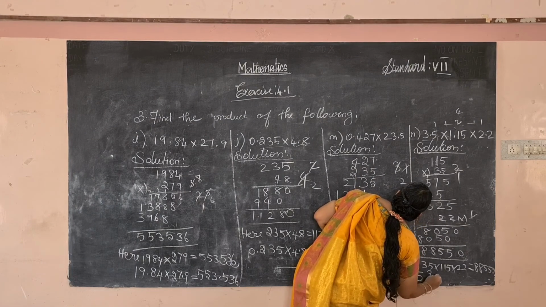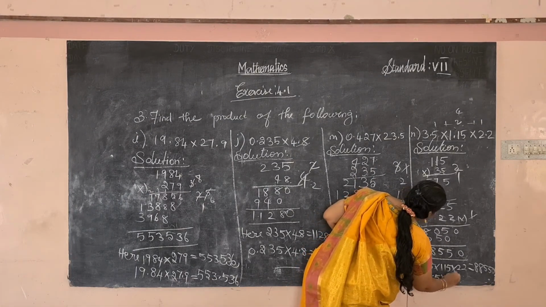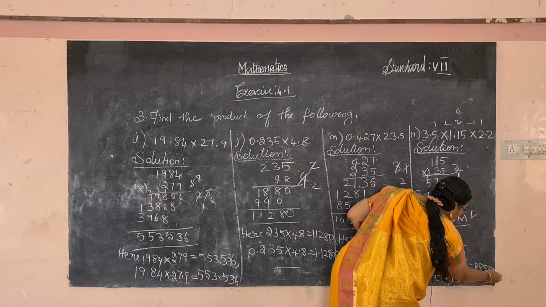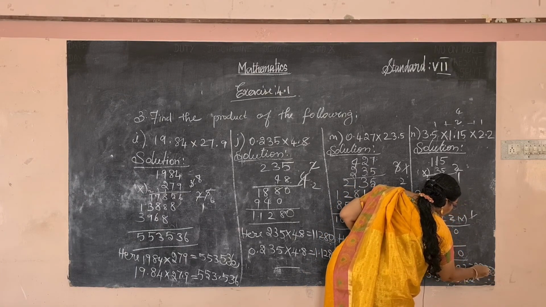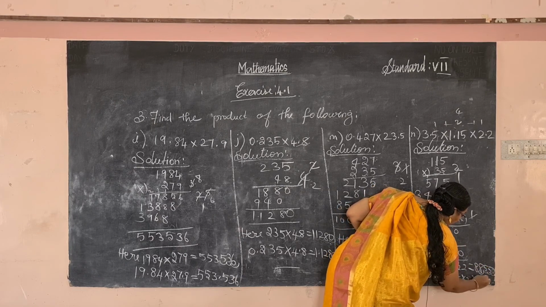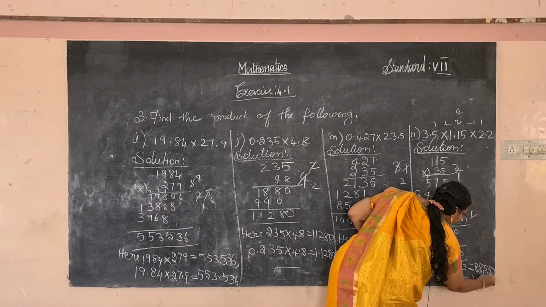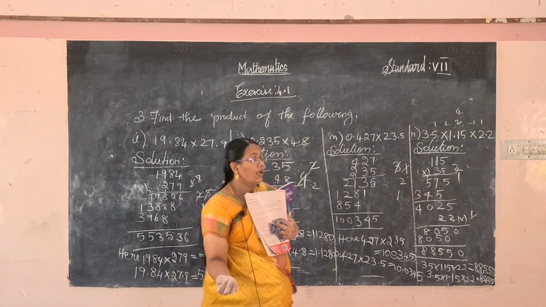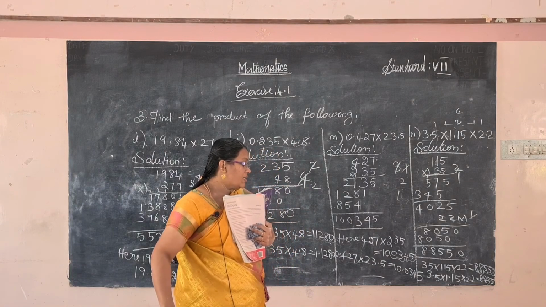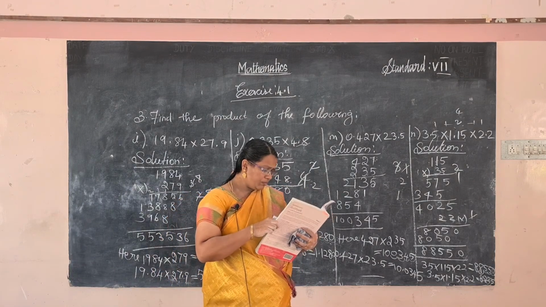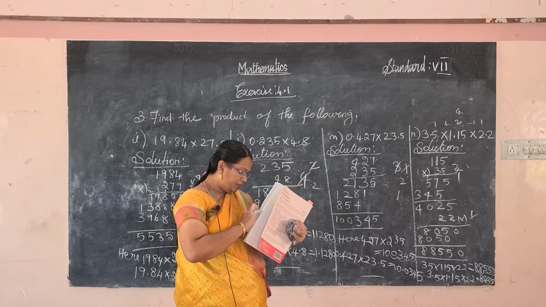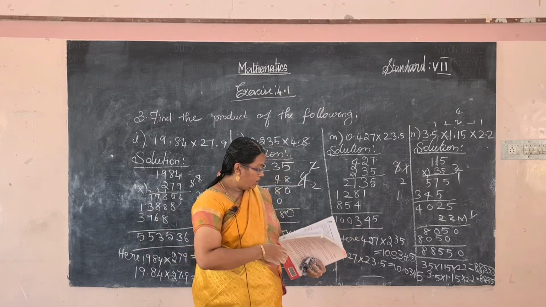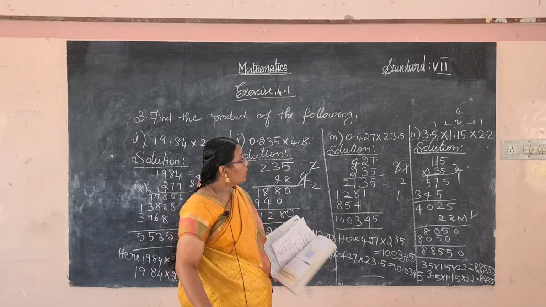So 3.5 into 1.15 into 2.2 is equal to 4 decimal places. 1, 2, 3, 4. So 8.855. 0 is not valid after the decimal point on the right side. Okay. So the answer is 8.855. Okay. I hope you all understood that concept.